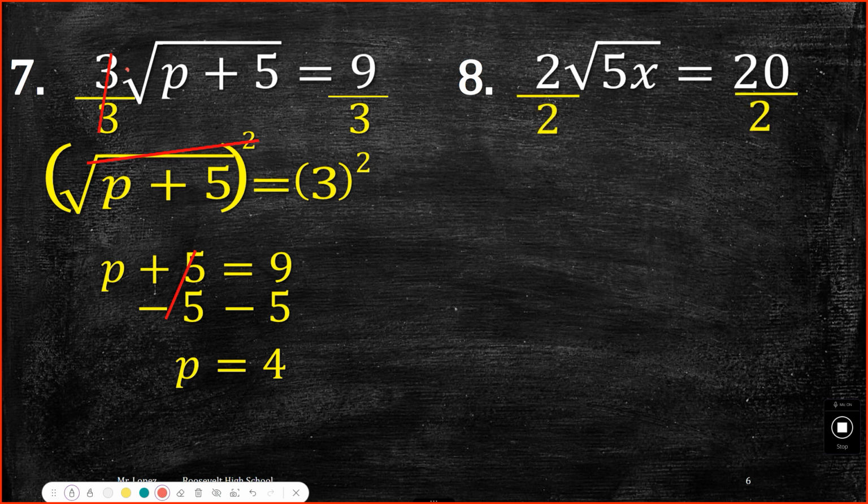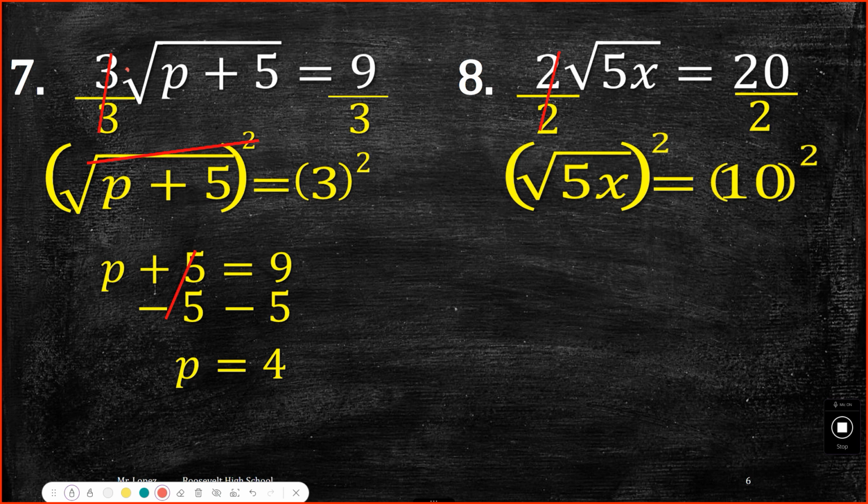So square root of 5x equals 10. Now we do what? Hold it and square it. So 5x equals what? 100. What do you do finally? Divide both sides by 5 and get x equals 20.